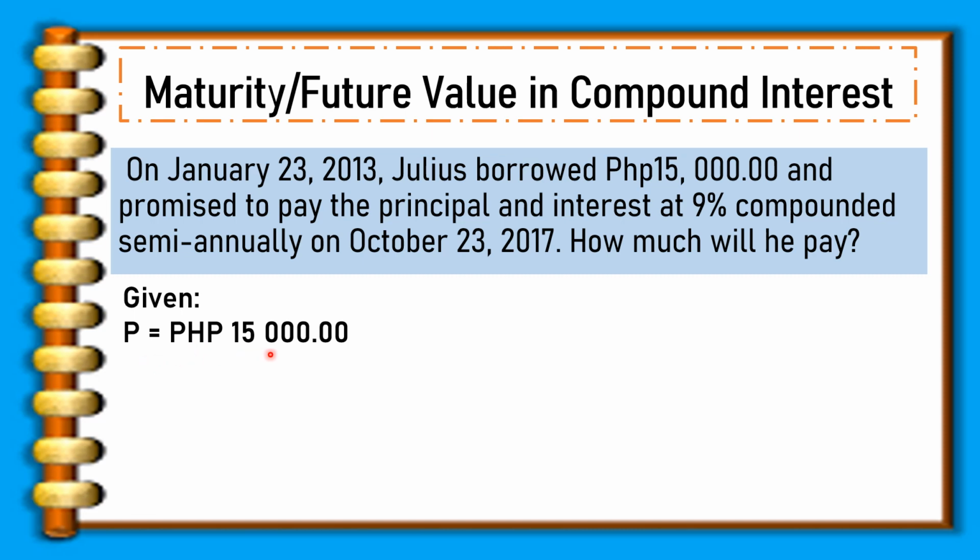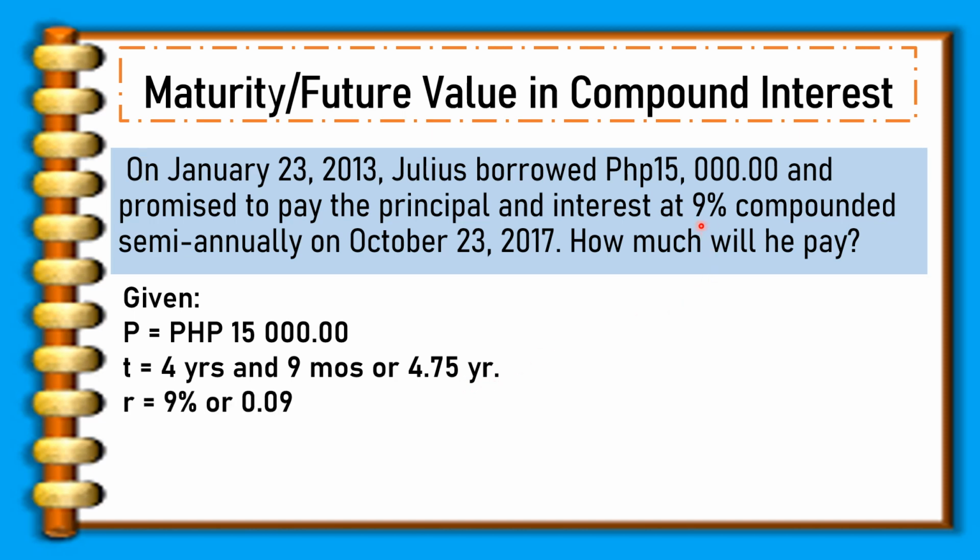Principal amount of 15,000 pesos. Time from January 23, 2013 up to October 23, 2017. The term is 4 years and 9 months or 4.75 years. Rate at 9% compounded semi-annually, 9% or 0.09. The value of m equals 2, from the word semi-annually.